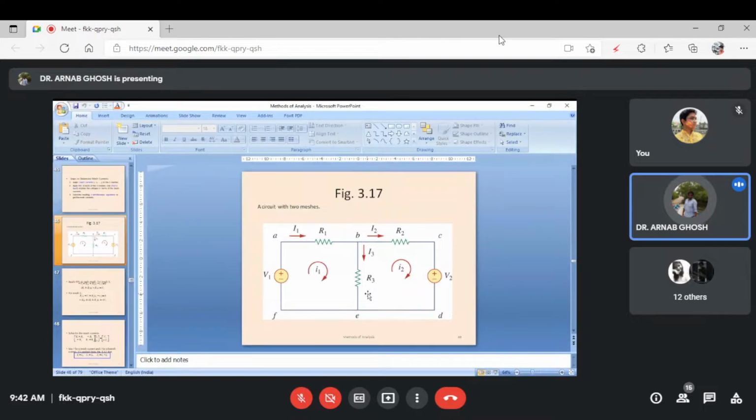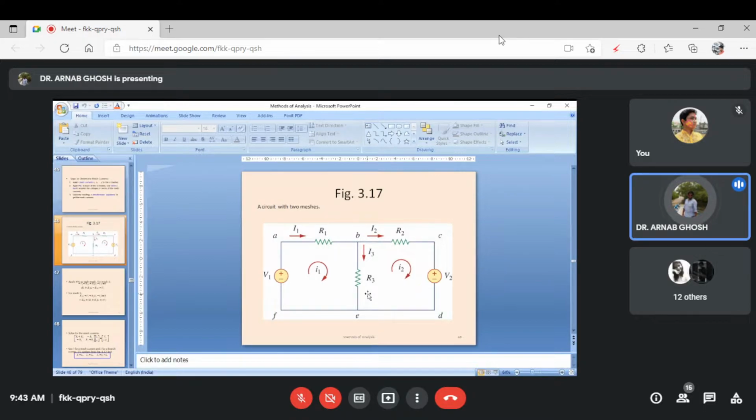Right? If this is the direction of the current flow, then the current in V1 will be flowing from the negative to the positive direction. So we will express V1 as minus V1 because the current direction is reversed.